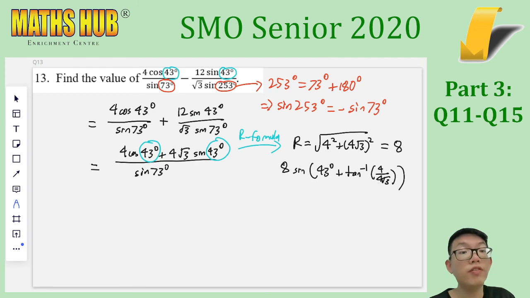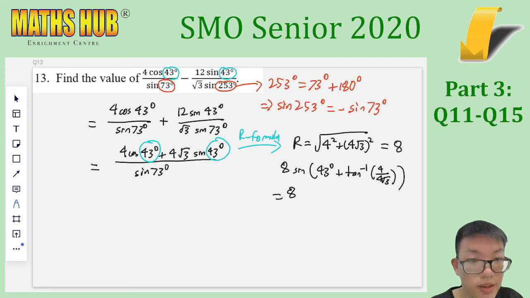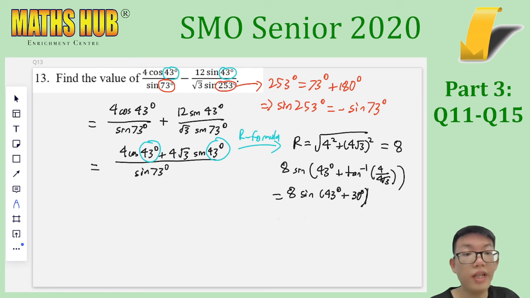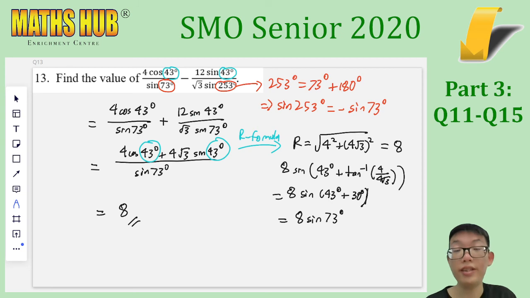The tangent inverse of 1 over square root 3 is just 30 degrees. So we're happy with this because it gives us sine 73 degrees back again. And therefore our answer reduces just to 8.